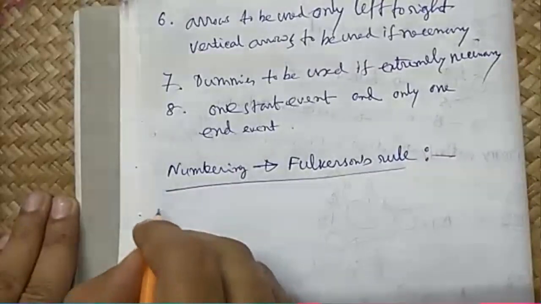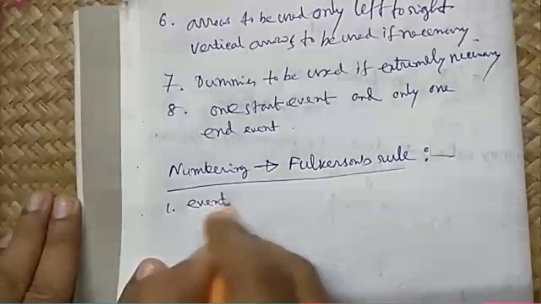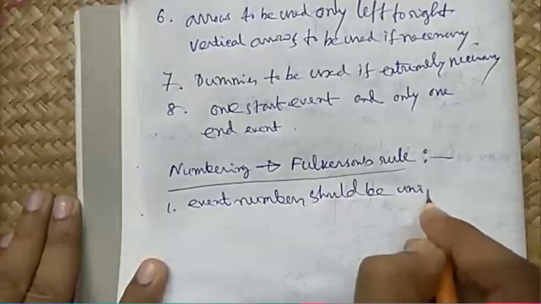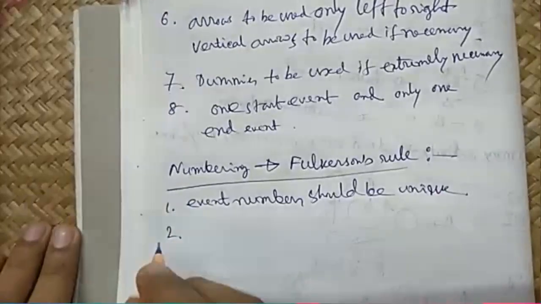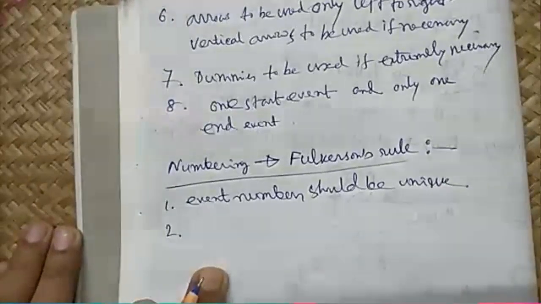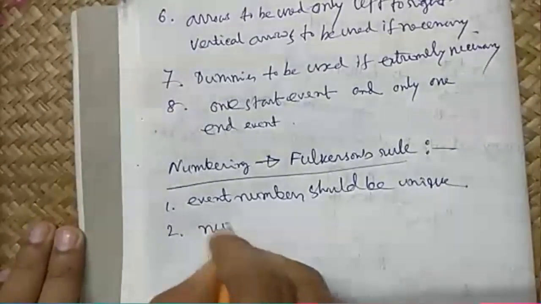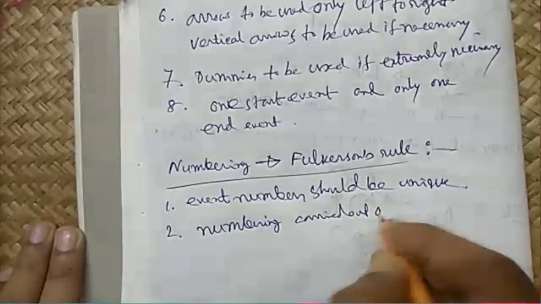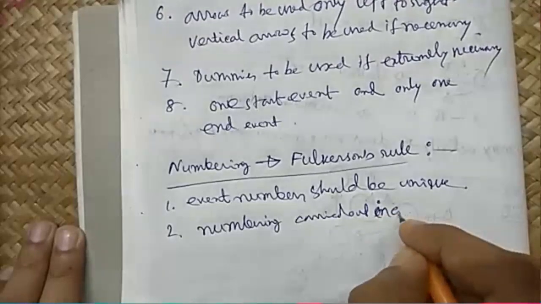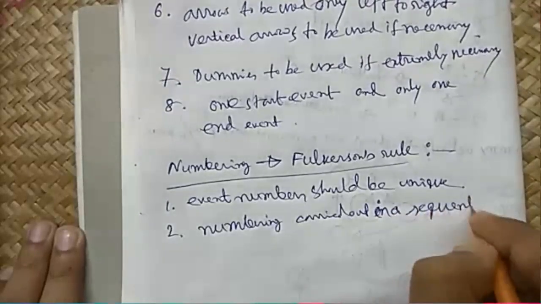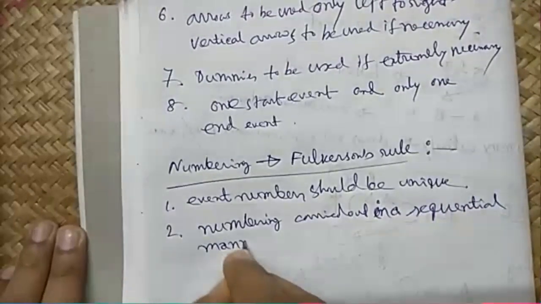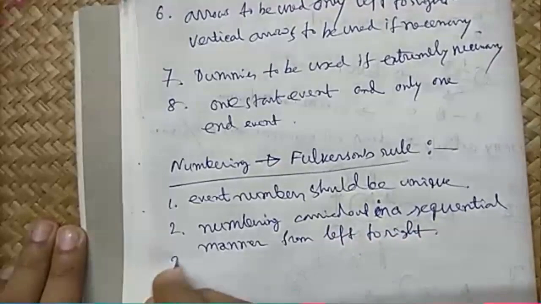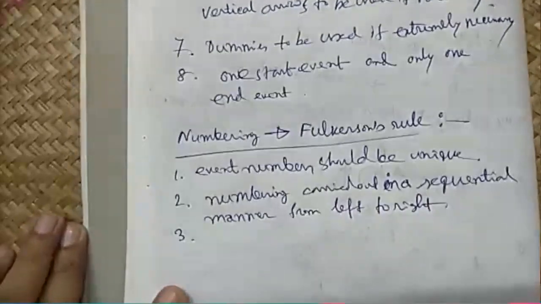This rule says the event numbers should be unique. You cannot repeat a number, and the numbering is carried out in a sequential manner from left to right. When you're constructing a network, you need to keep all in mind.